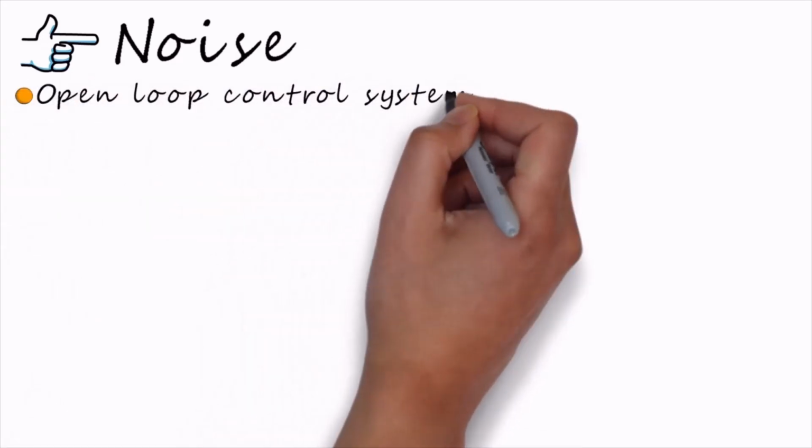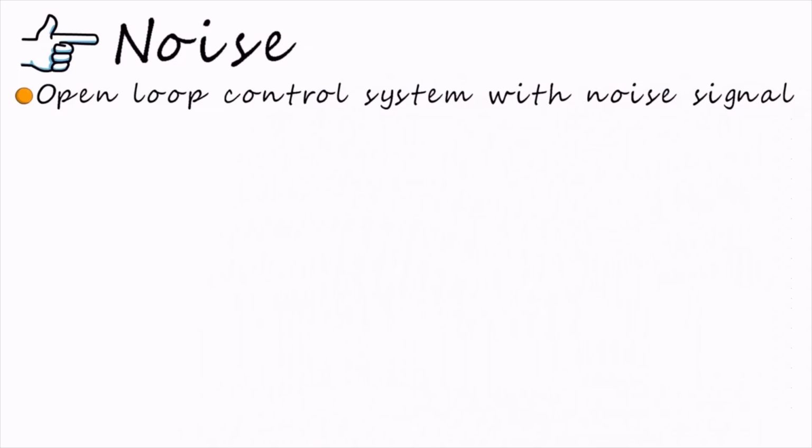Now let's study the effect of feedback on noise. To know the effect of feedback on noise, let us compare the transfer function relations with and without feedback due to noise signal alone. Consider an open loop control system with noise signal as shown in this figure.